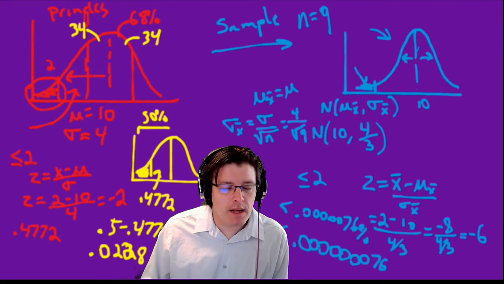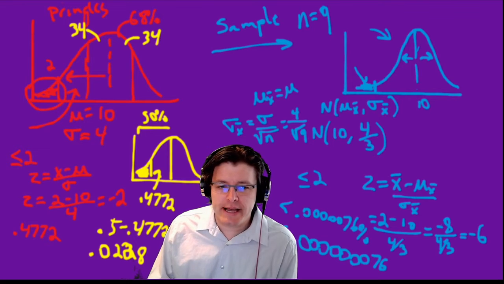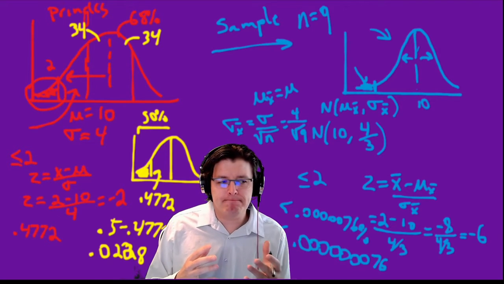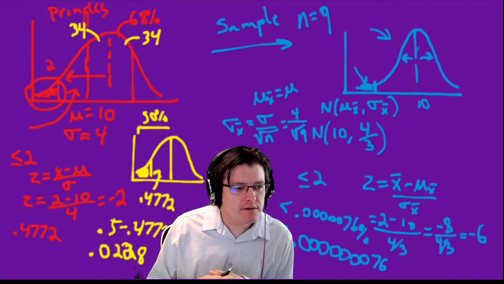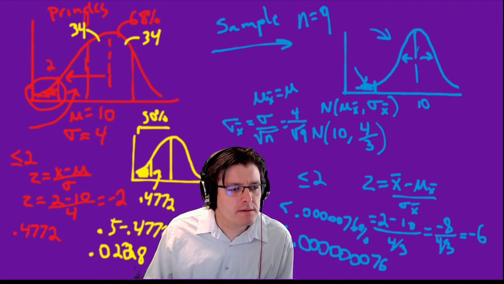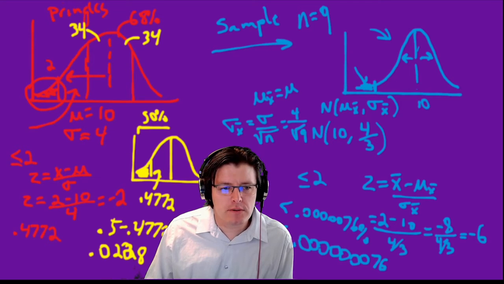Okay, so I want to turn for the last 20 minutes or so, but first a question: where did the negative come from, when looking at the 2 minus 10 over 4/3?